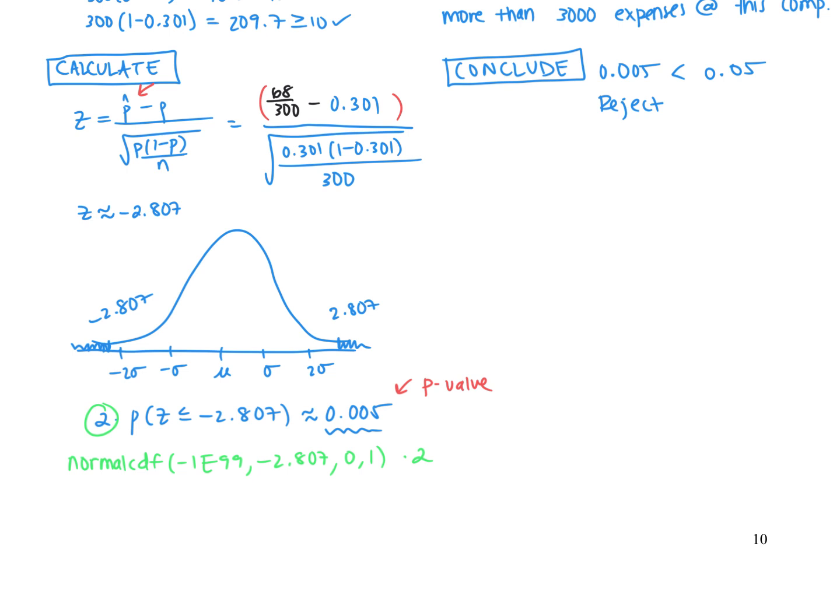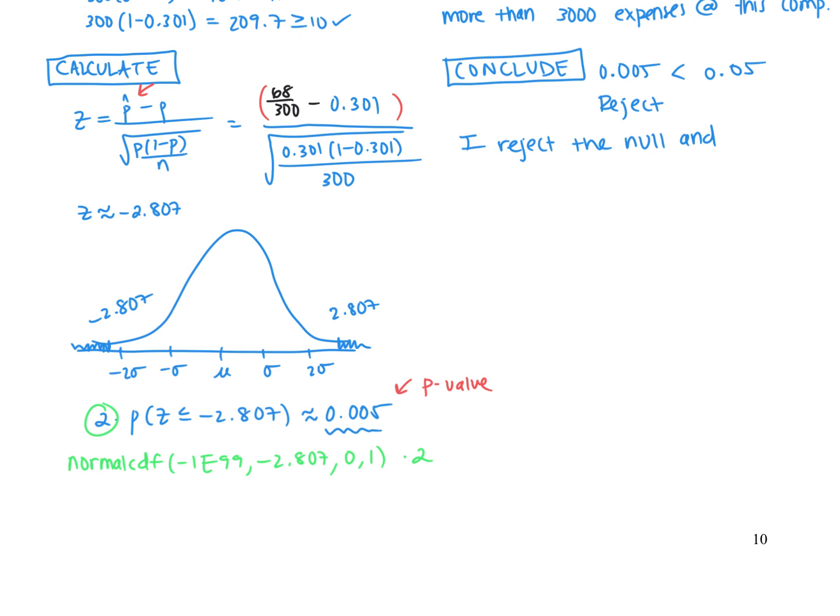And now we need to say what that means in context. So I reject the null. And if we reject the null, we believe the alternative.